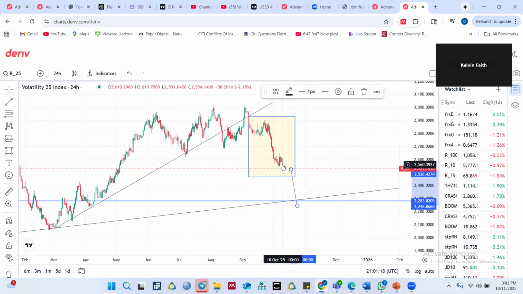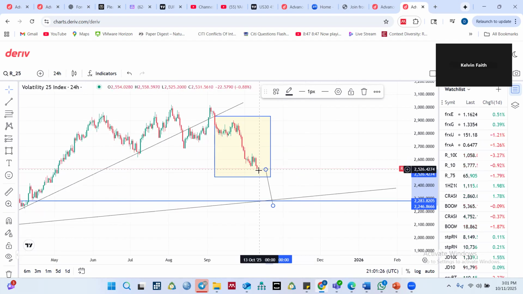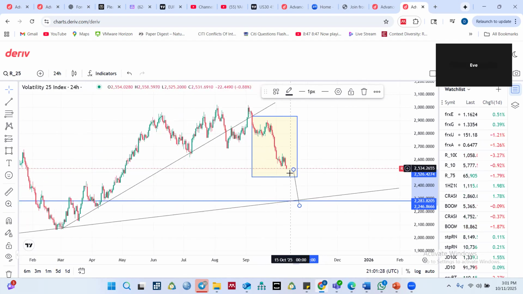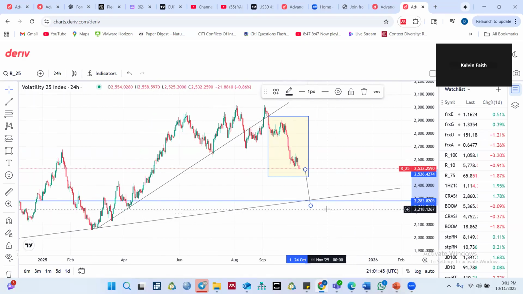You see now it's around here, where my cursor is. It must keep going down, and it must have a body close. It must go below the blue line, and it has to consistently stay below the blue line for you to keep holding a sell.